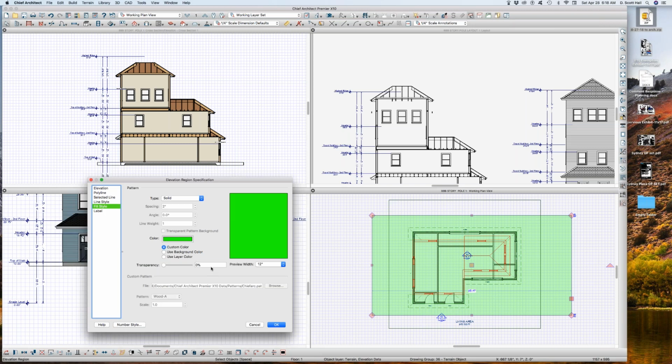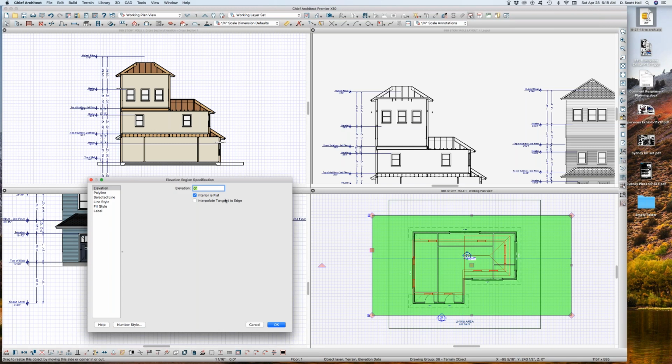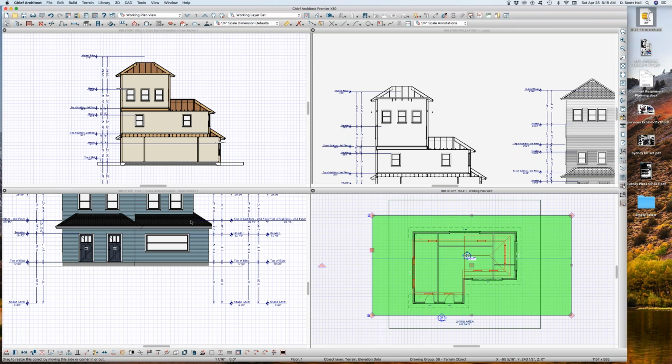Done. And it's going to be 75% transparent, I guess. Now this terrain region is minus 2 feet below my slab. There it is. You got me, brother?